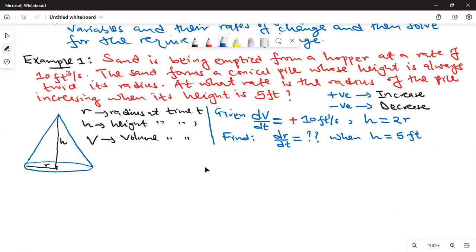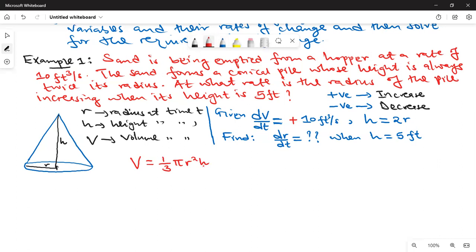And so the question is, how do you find the volume of the cone? The formula for the volume of the cone is V equals 1/3 pi r squared h. That is how to find the volume of a cone.